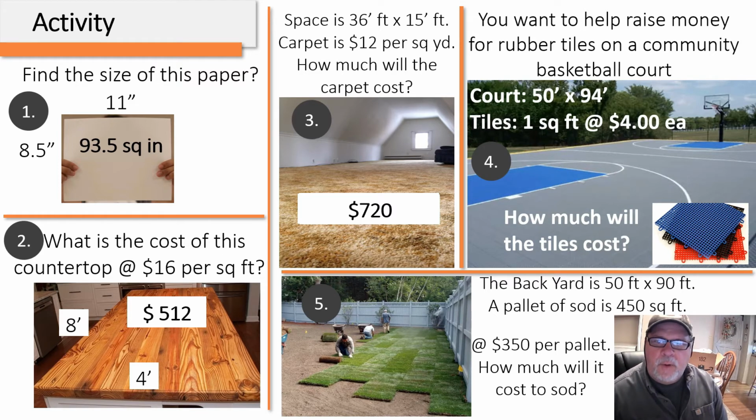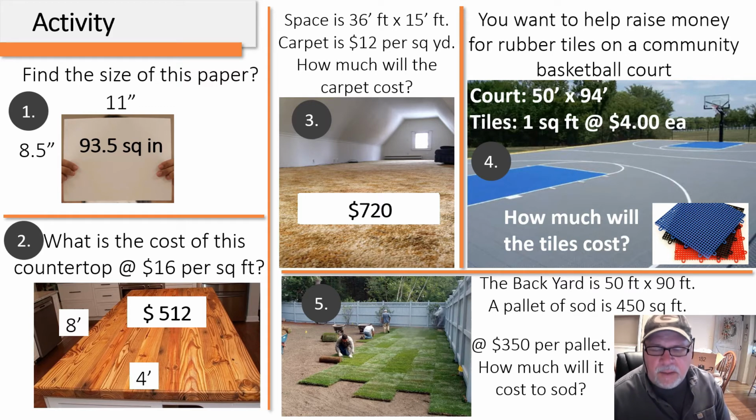You want to help raise money for rubber tiles on a community basketball court. So first we got to find the size. Well, the size is 50 by 94. And the tiles that you're planning on buying are 1 square foot, and they're $4 each. So how much will it cost to buy these tiles?